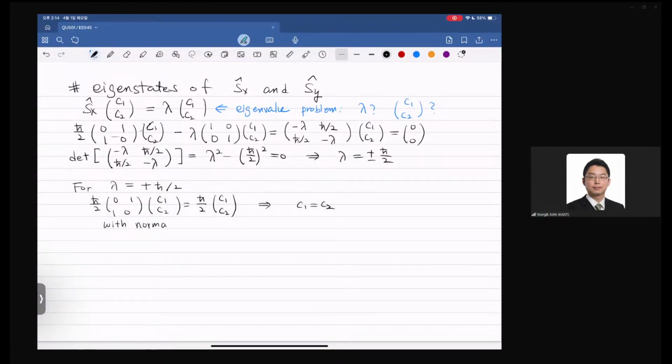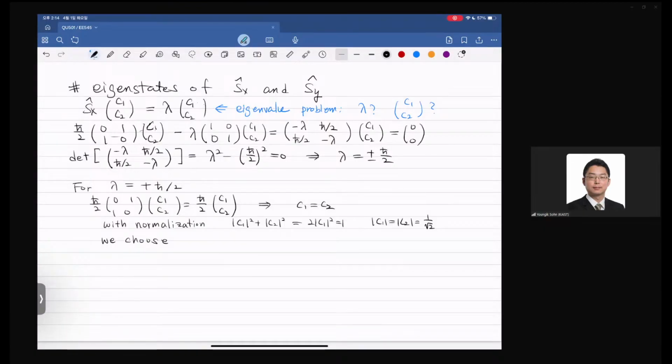So to get exact numbers, let's do normalization. C1 squared plus C2 squared has to be 1. So you have a conclusion that this should always work, right? It's always true. And then we choose, okay? C1 and C2 can actually be any numbers satisfying that equation, but let's make things simple.